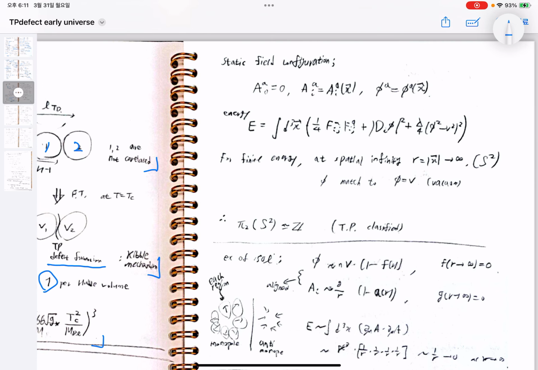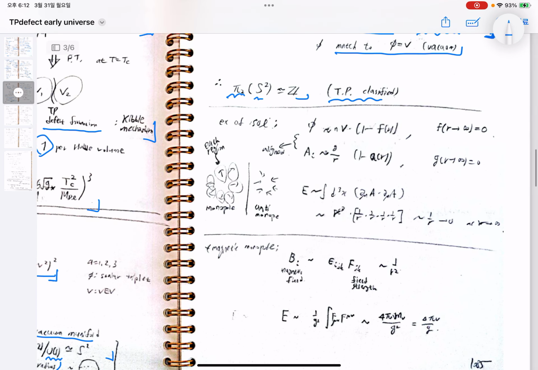And we want to obtain the static field configurations and the finite energy solutions. So there is no time dependence here. To have finite energy, the spatial infinity, as x goes to infinity, which is given by the S2, should match the vacuum. So in the topological classification, this is the second homotopy group of S2, which is given by the integer group.